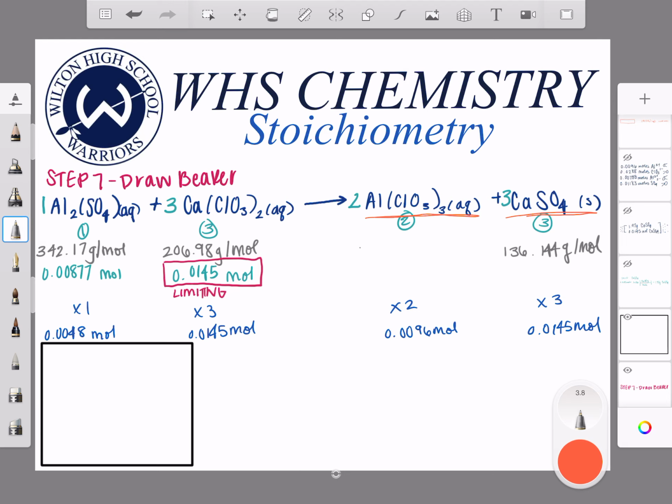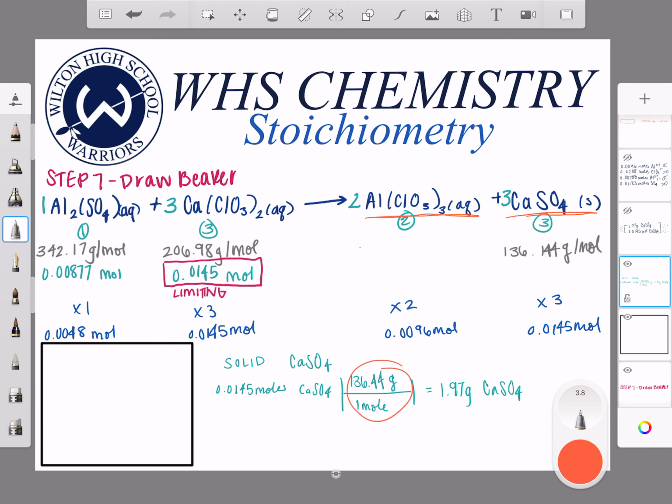When we have a solid, we want to put that solid into grams. We know the solid is CaSO4, and there's 0.0145 moles of CaSO4. If we want to do our moles to grams conversion, we have our molar mass right here, and we do the conversion and find that there's 1.97 grams of CaSO4.